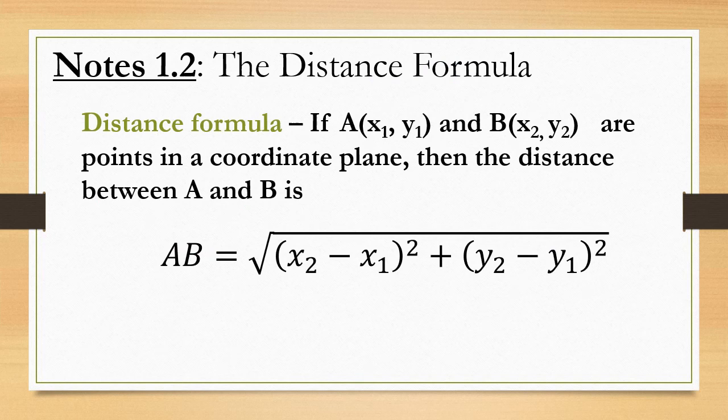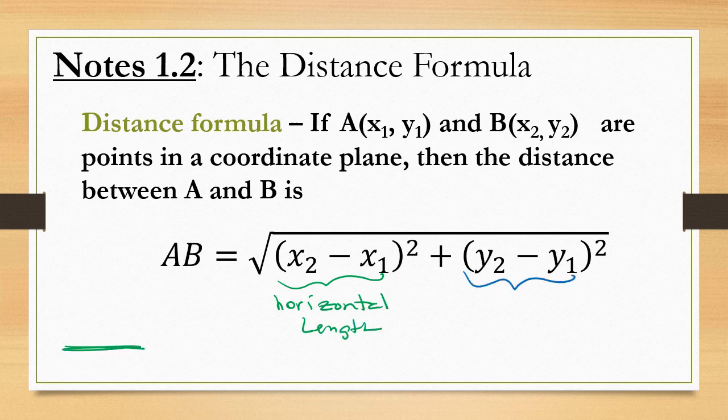So where does the Pythagorean theorem really come from? The Pythagorean theorem really is the distance formula. The distance formula says we're going to take x2 and subtract x1. All that is the horizontal length of your triangle, so that would be this length. And right here we have y2 minus y1, which is the vertical length.